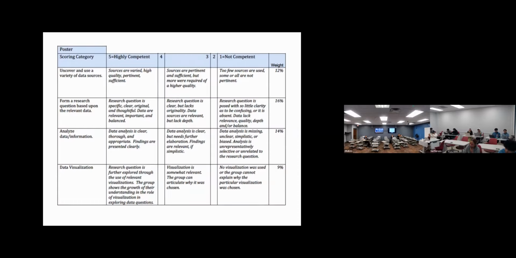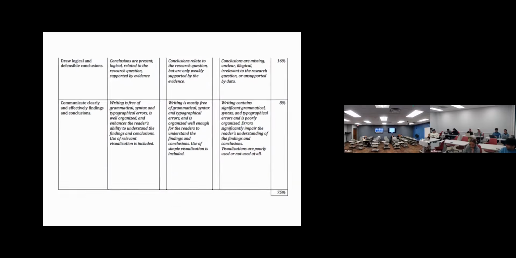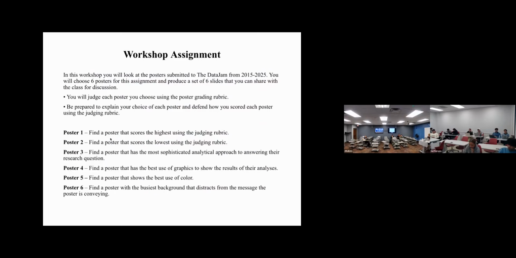We let judges do this as they want, but you're basically scoring between 1 and 5 for each of these categories. And then we weight the categories. So 12% of the weight goes to how well they found data sources. 16% goes to how well they formed a research question, etc. So find a poster that you think scores the highest.